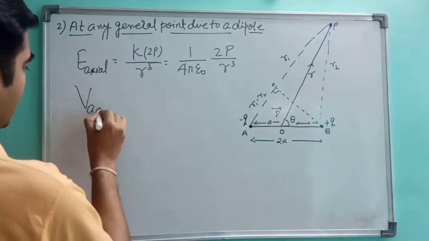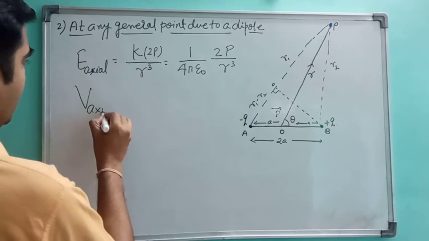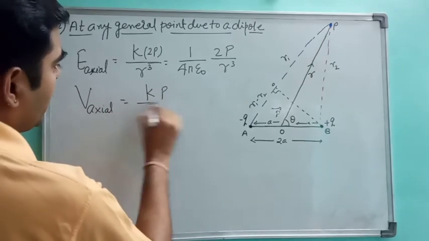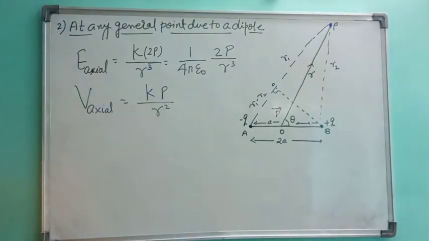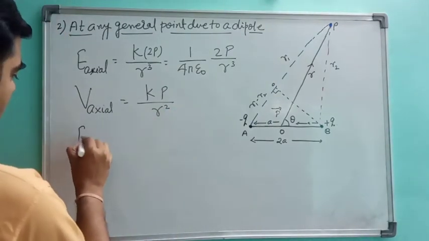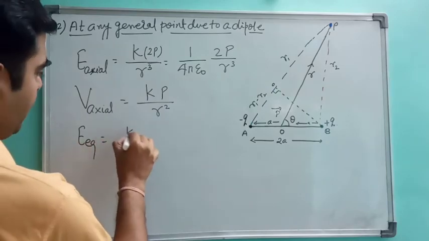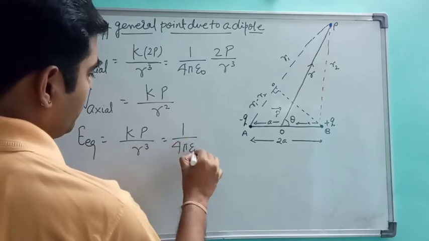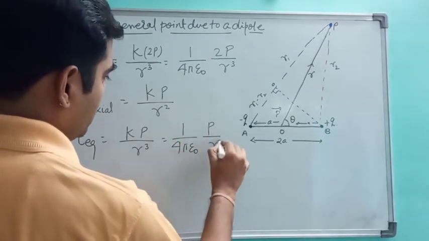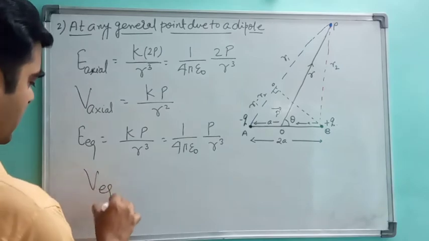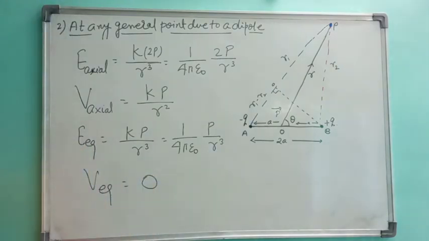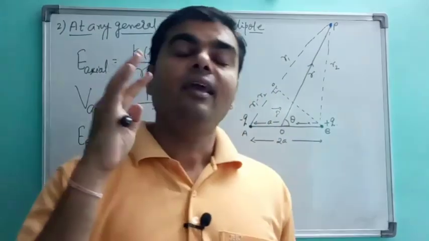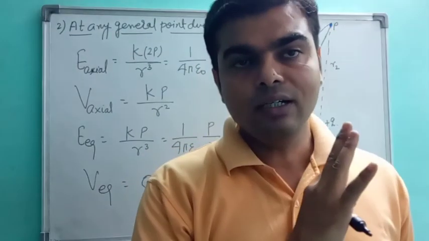The E equator is kp upon r cubed, and the E equator is 0 in the potential case, because point P is in the perpendicular direction, not making any component.